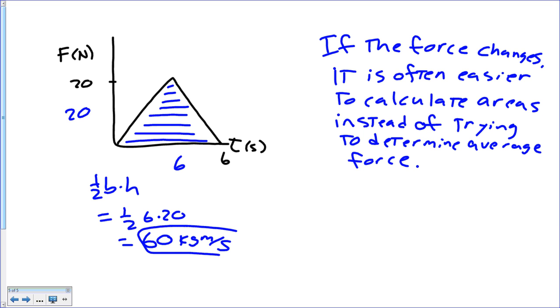So if you are given a force versus time graph, it doesn't matter what the shape is. We're going to give you something that's either rectangles or triangles or some combination thereof. We're not going to give you curves because that's just annoying, but this is the idea. All right, I think we got that.